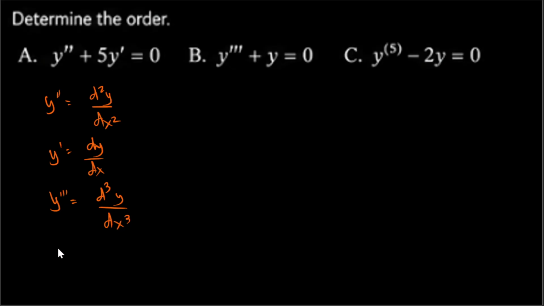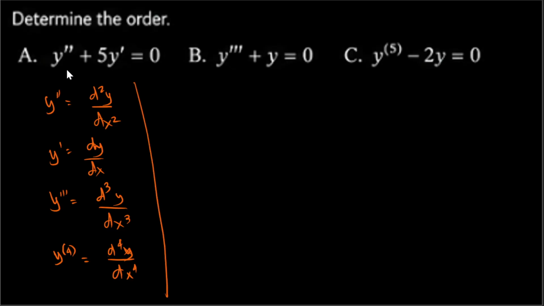So if we go a step further, which is the fourth derivative of y, that will be y, open parenthesis 4. This is different from y raised to the power of 4 because we have here a parenthesis. So this could be written as this one, no? The fourth derivative of y in terms of x. Okay, so watch for that.